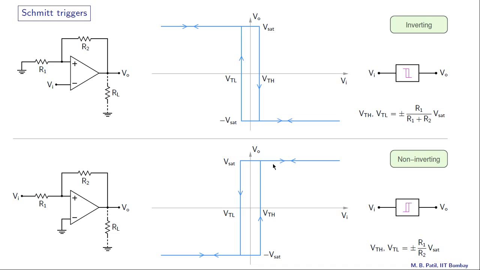Alright, the VTH, VTL expressions are also included here, and it's a good idea to turn off your monitor at this point, draw the circuits, go through the derivation in your mind, and come up with the VO versus VI relationship for each of these Schmitt triggers. And also remember to derive the expressions for VTH and VTL rather than remembering these.